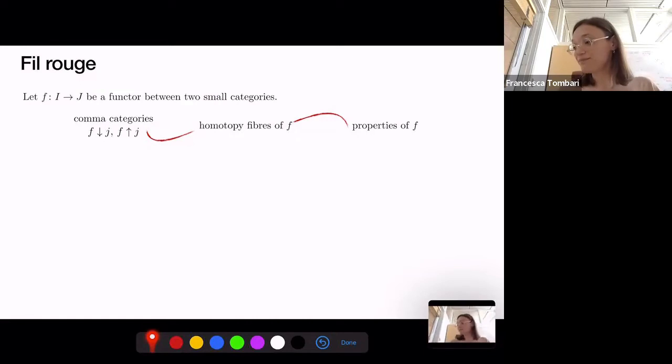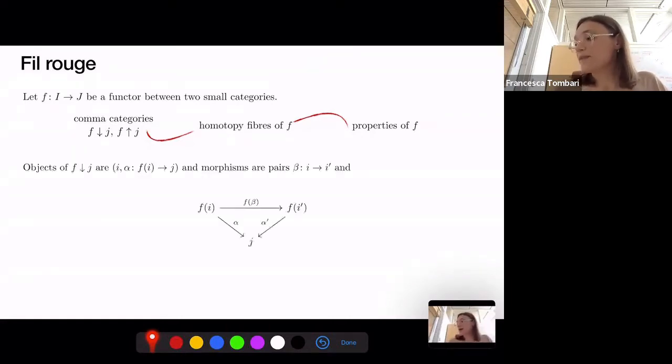The comma categories are these categorical fibers that are the building blocks of the homotopy fibers in some sense. Here I decided to skip the definition of homotopy fibers but give you the definition of comma category.